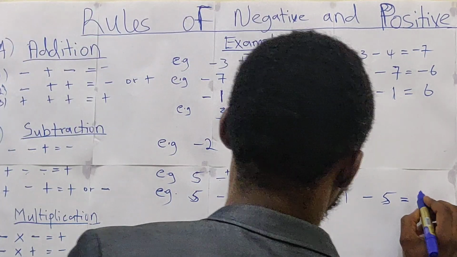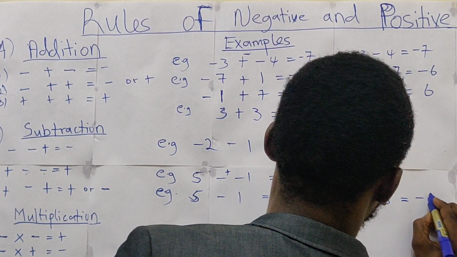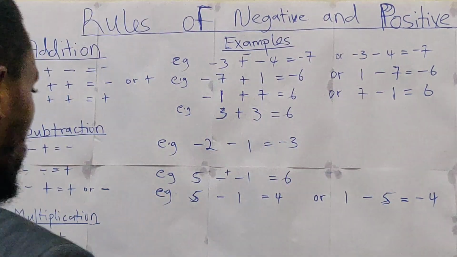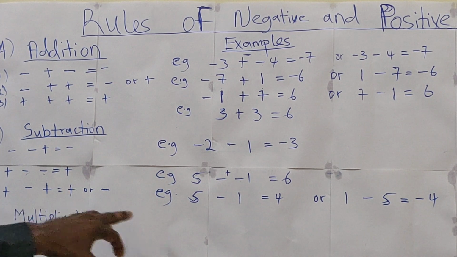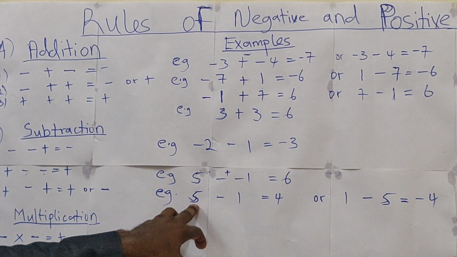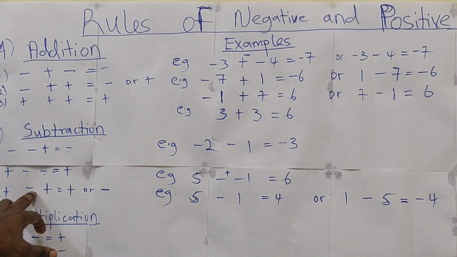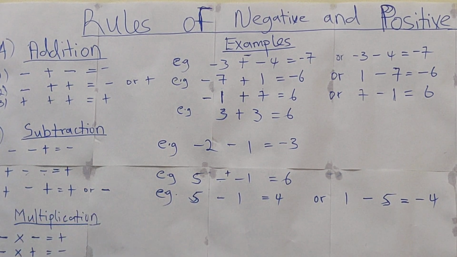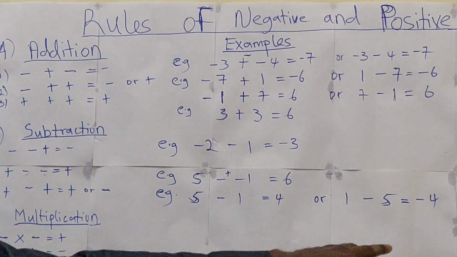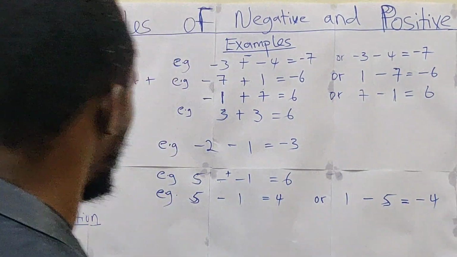This one is negative 4. So, as you can see, we have positive 5, that is positive, minus positive. It's either positive or negative. So this is the one for the positive, and this is the one for negative.